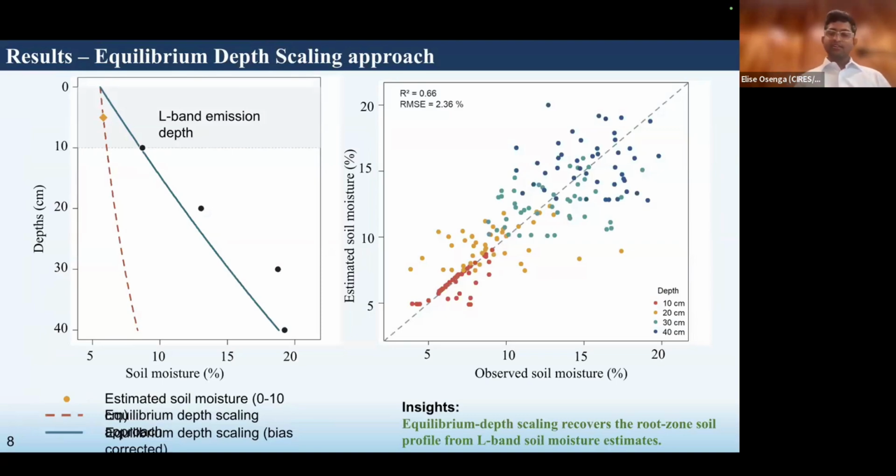And once we have that soil moisture, from the accuracy metrics we found that 0 to 10 centimeter shows the better result. To get the effective soil moisture, we converted that L band retrieval to 5 centimeter here, represented by the yellow dot in the line plot, soil profile plot.